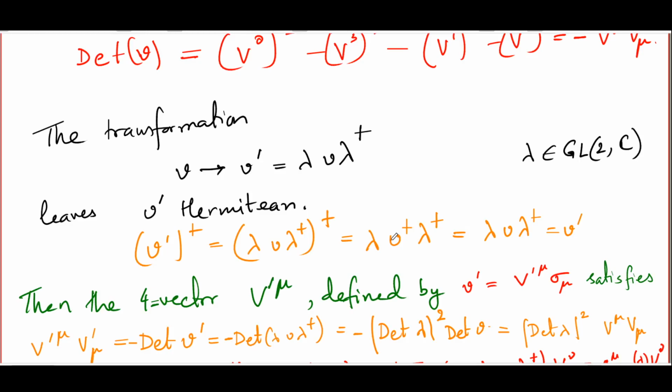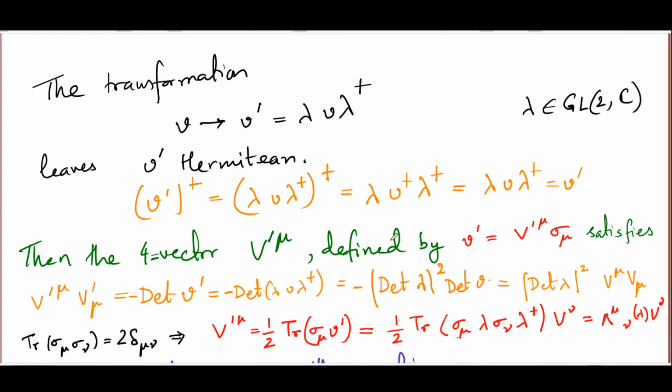Using the fact that the determinant of lambda dagger is the conjugate of the determinant of lambda, this translates to negative determinant lambda mod squared times determinant of V. So this ultimately means that the norm of the new 4-vector V prime that we have obtained by this process is actually det lambda mod squared times the norm of the original vector that we started out with.